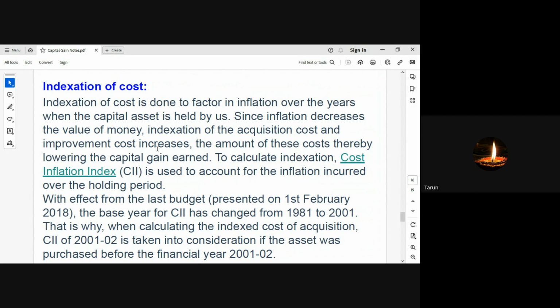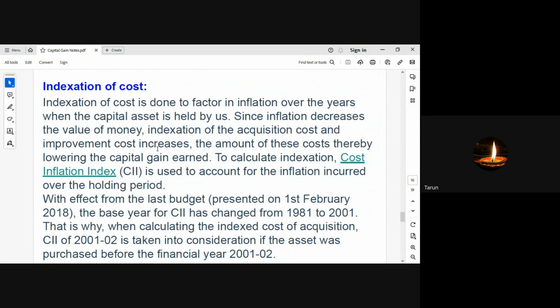Since inflation decreases the value of money, the indexed acquisition cost and improvement cost increase automatically. When there is inflation, all the expenses would increase, lowering the capital gain earned. Of course, you will get less profit, even no profit as well, when it comes to inflation.